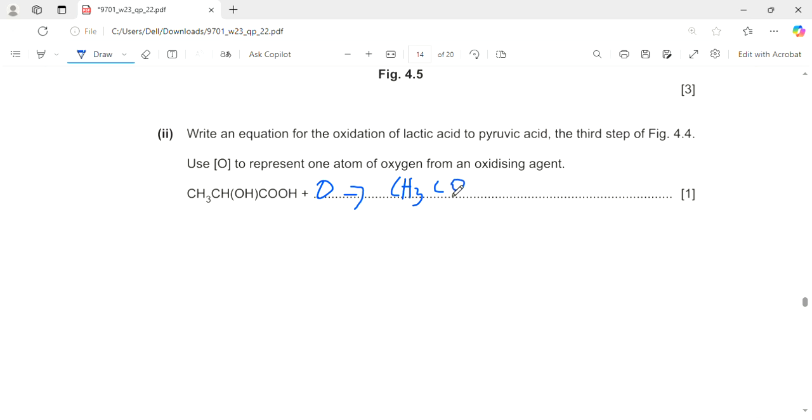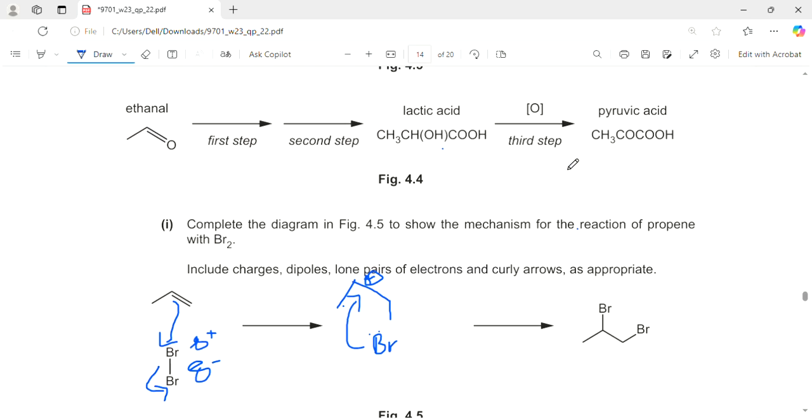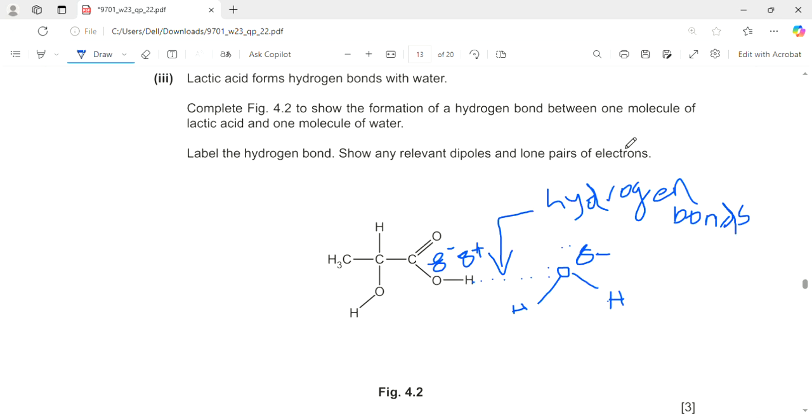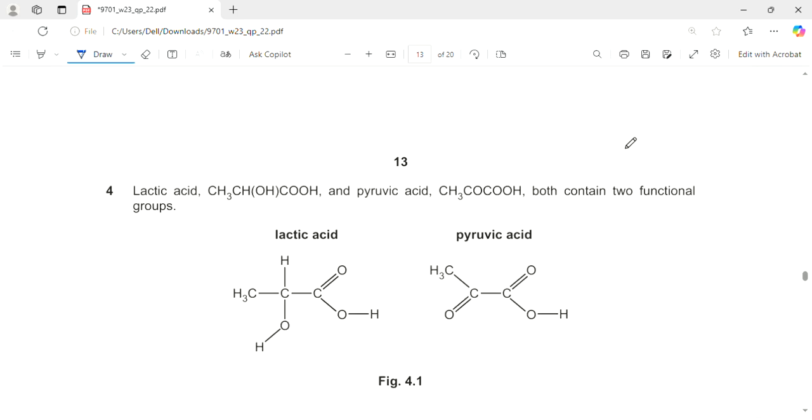Okay, CO and, yes, ketone. Pyruvic acid here is like this, you can see clearly here the ketone.